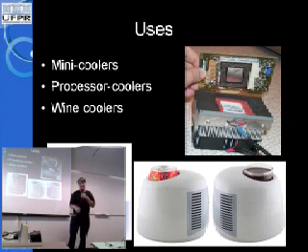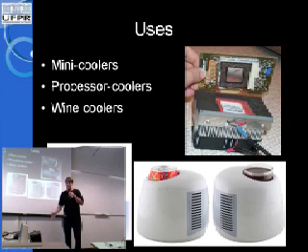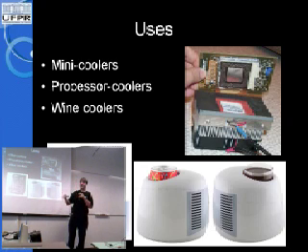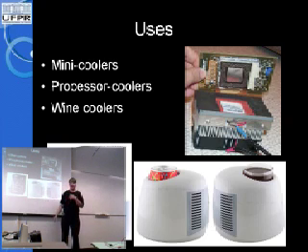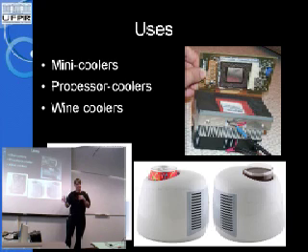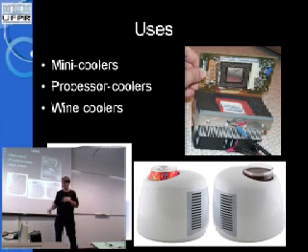So one way to remove the vibration of the motors is by using Peltier effect coolers, so that there isn't the vibration of the motor and the wine won't vibrate in this way.